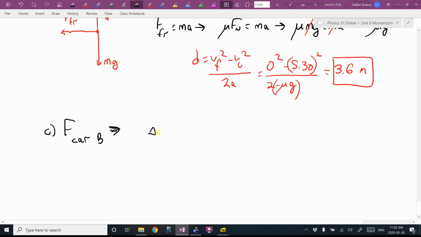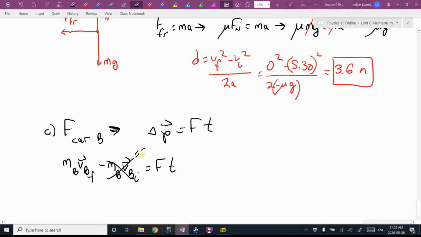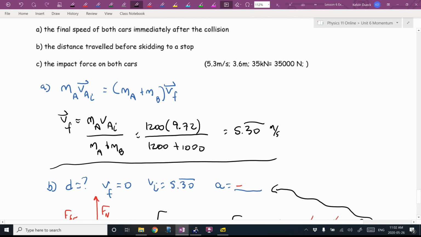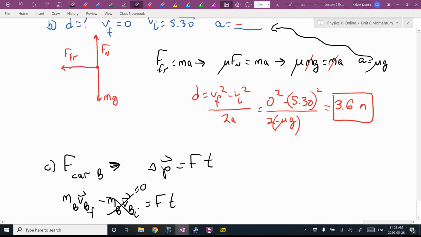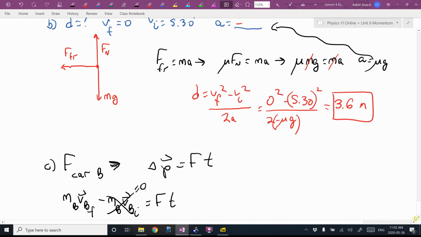It's going to be impulse equals force times time. Impulse is going to be mb vb final minus mb vb initial equals force times time. VB initial is 0 because car B started at rest. VB final was, we calculated in part A, 5.30. That's what I should be doing.